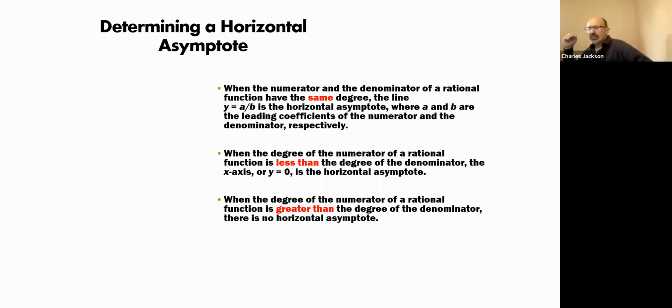Well, you look at the degree of the top and the degree of the bottom. What is the degree? The highest power on x. So do that for the top and for the bottom.